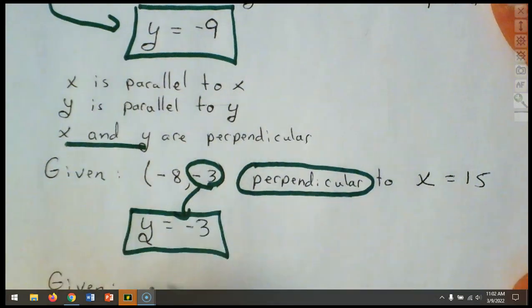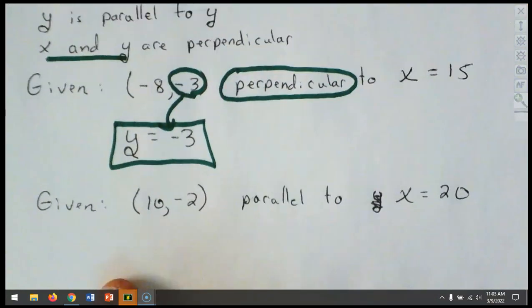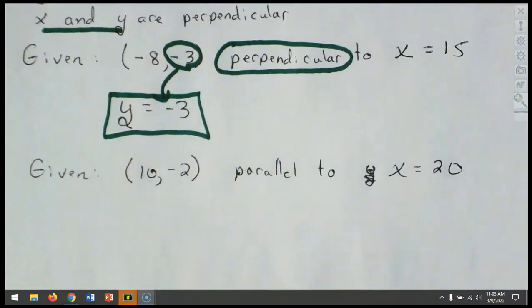And let's say we're given another point. Let's say you're given the point (10, -2), and we want it to be parallel to, oh, we've used y enough. How about x equals 20? Doesn't matter what it is. We want to be parallel to x equals 20. Doesn't matter what that x line is, because all we're going to be concerned about when we write up our equation is the fact that this is parallel.